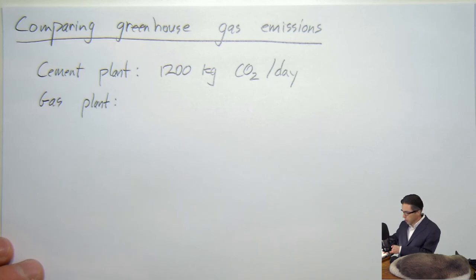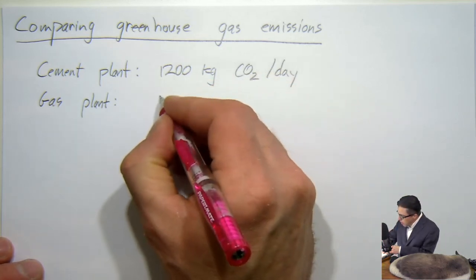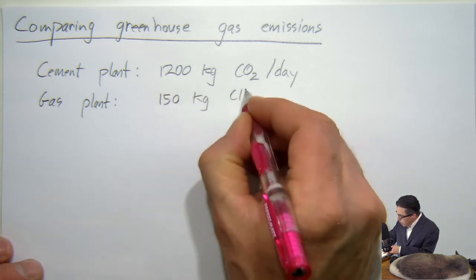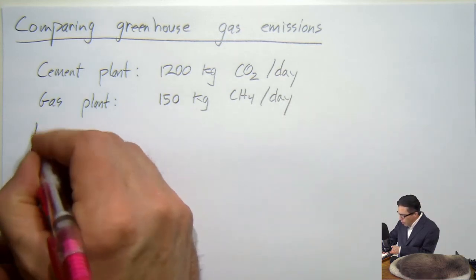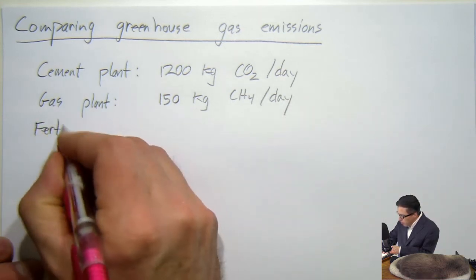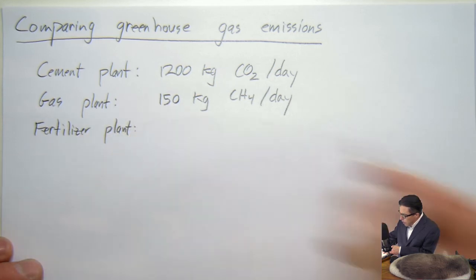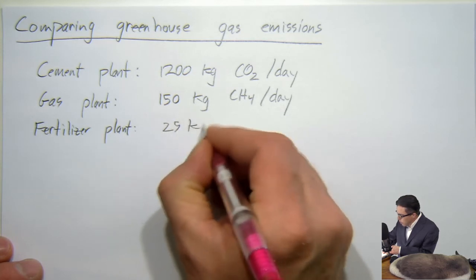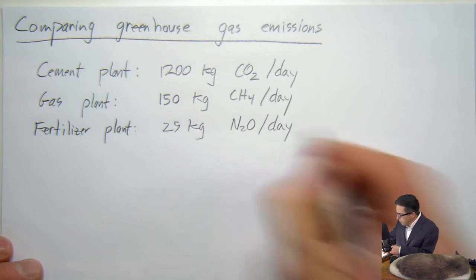We'll talk more about this later. And it is emitting 150 kilograms of methane per day. Then we have a fertilizer plant, and let's say it is emitting 25 kilograms of nitrous oxide per day.